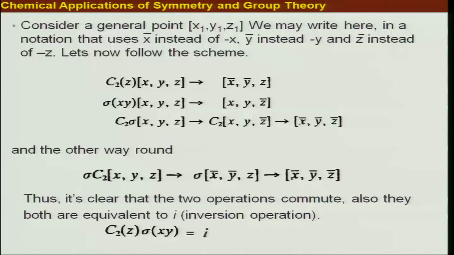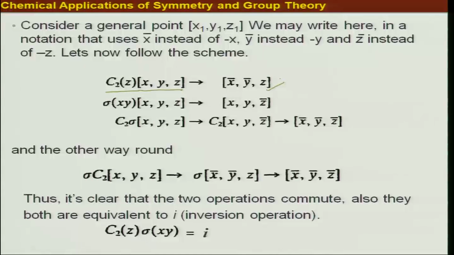Here we will use a notation where minus x1 is essentially x bar 1. With that notation, upon the C2z operation on this x, y, z, not writing the subscripts 1, we get x bar, y bar, z.